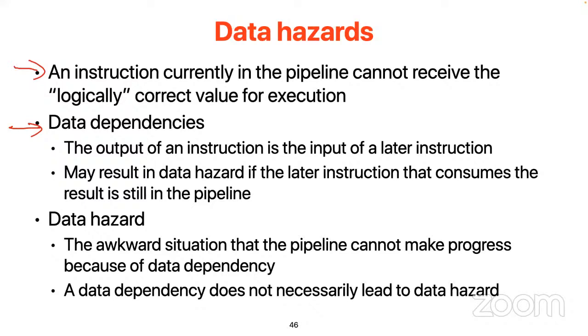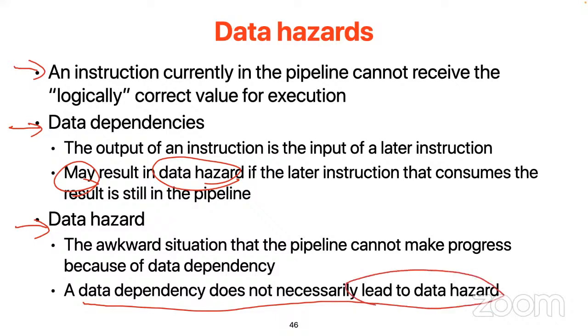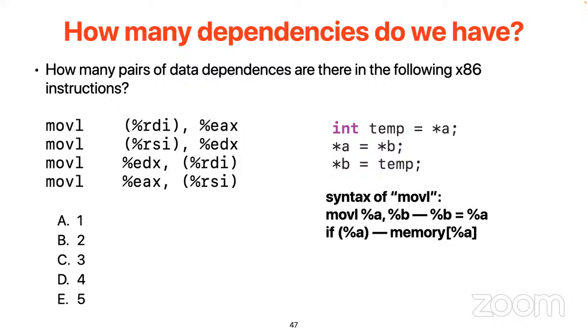Whenever the output of an instruction is the input of a later instruction, there is a data dependency. Data dependency may lead to data hazard. However, it does not necessarily mean a data dependency would lead to a data hazard, because it's only called a data hazard when there is an awkward situation where the pipeline cannot make progress because of the data dependency.